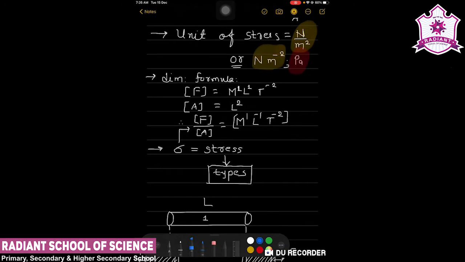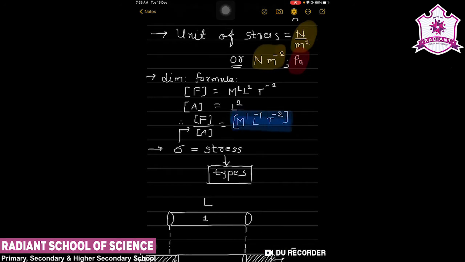Then the dimensional formula of stress is M^1 L^-1 T^-2, and it is defined here. So this is the dimensional formula of stress.